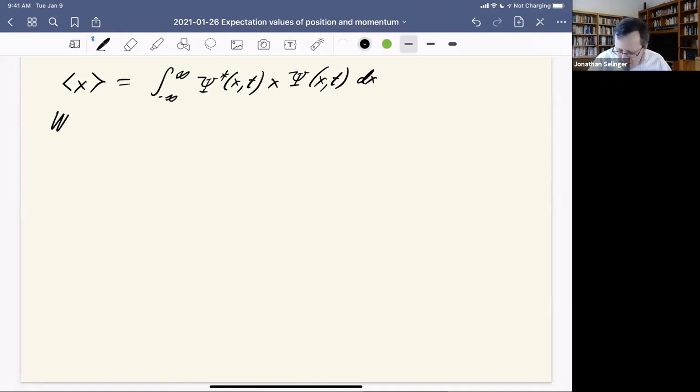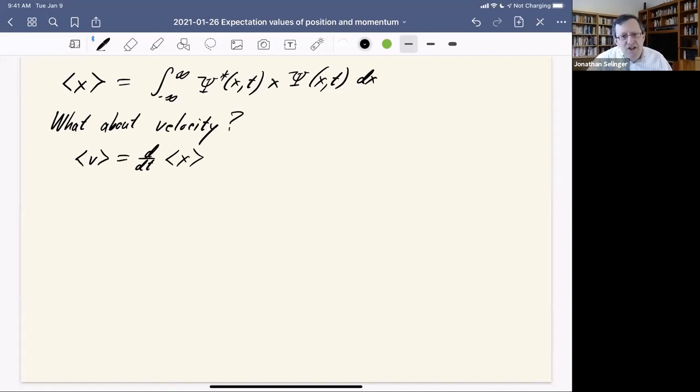So what about the velocity? How does this thing depend or not depend on time? The average velocity should be the time derivative of the average position. That makes sense, right?